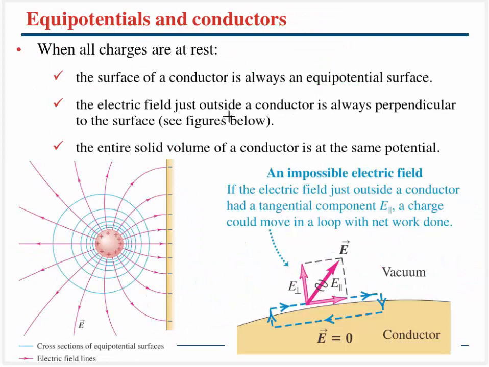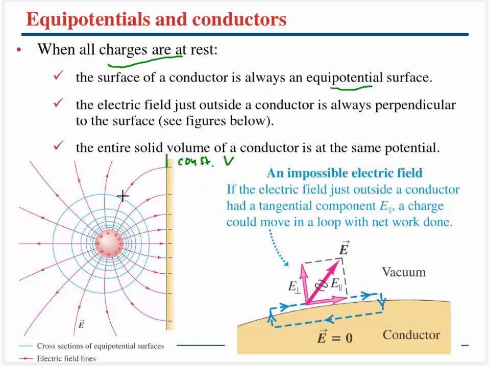So how do equipotentials relate to conductors? If all charges are at rest, the surface of the conductor is going to be an equipotential surface. So it's going to be some line of constant potential, constant voltage, if you will. Why is this?